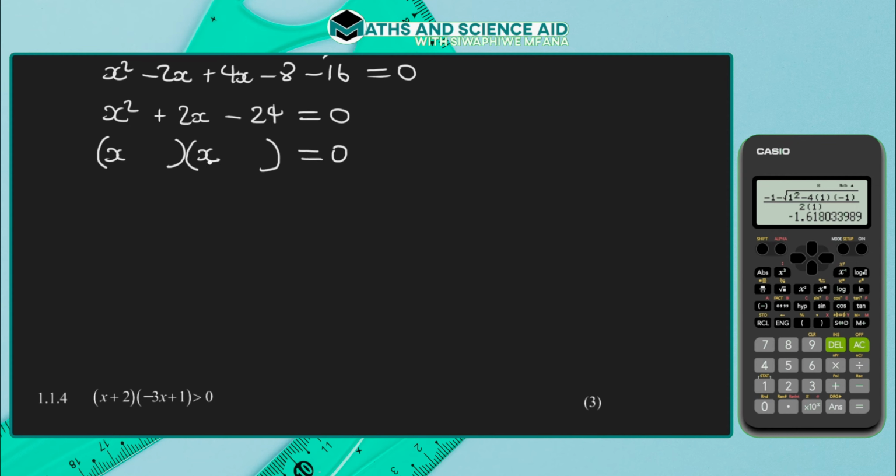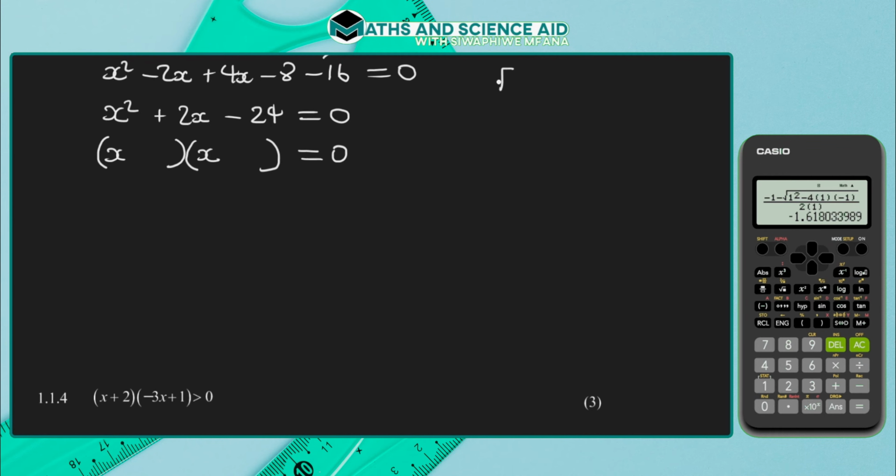Because x multiplied by x is x squared. So now the only tricky thing is to determine the suitable factors of 24 or negative 24 that we must write into each bracket. So let's see how we can go about determining that.